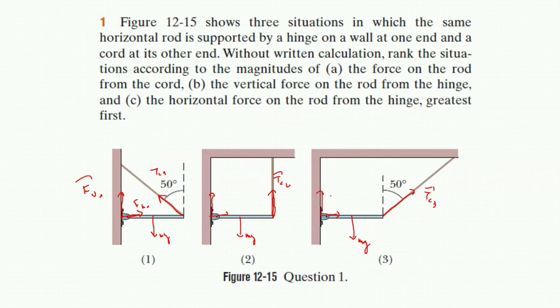Now the first question is, of course, here I have a static equilibrium problem. So balance of forces and balance of torques. Balance of forces along X and Y, balance of torques around any point. So without any written calculation, rank the situations according to the magnitude of the force on the rod from the cord. So I want this TC. So how will I do that?